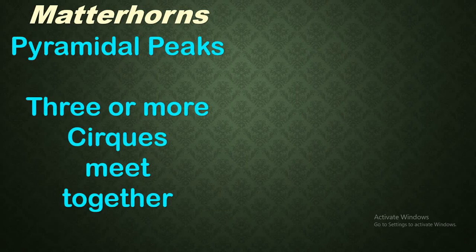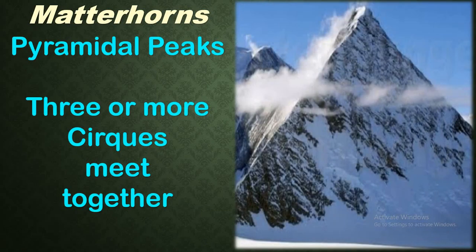Matterhorn is otherwise called pyramidal peaks. It forms when three or more cirques meet together. When they meet and get eroded, it gives the formation of pyramids. Can you see this? Well, this is the third erosional form of glacier.